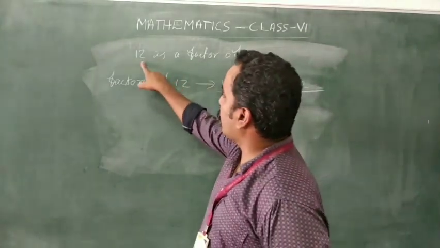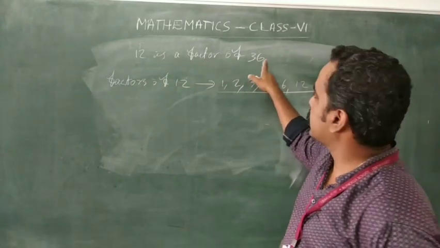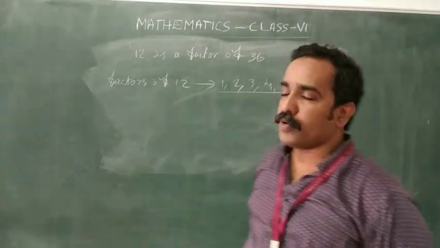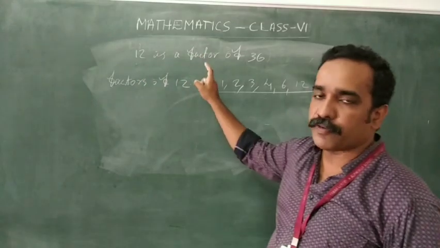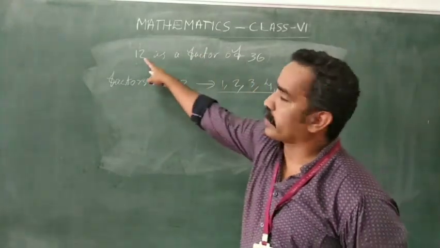And at the same time 12 is a factor of 36. That means 36 is divisible by 12. Therefore 36 is also divisible by all the factors of 12.